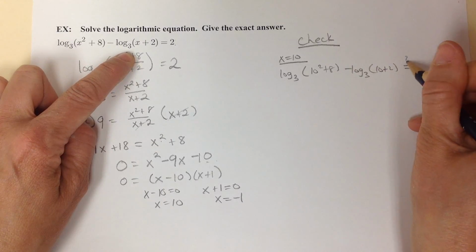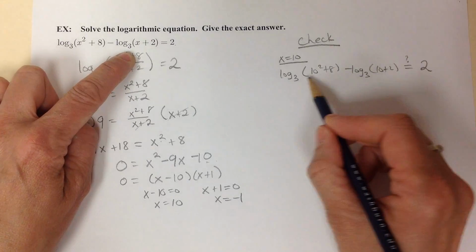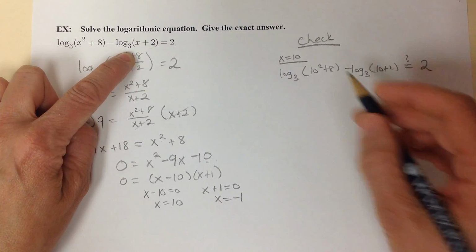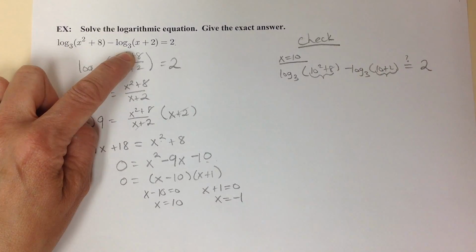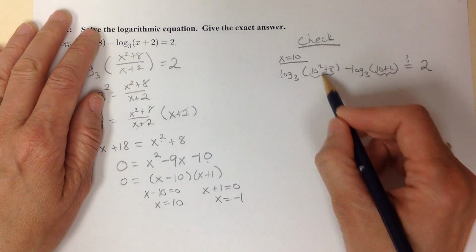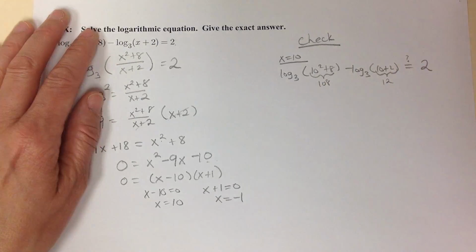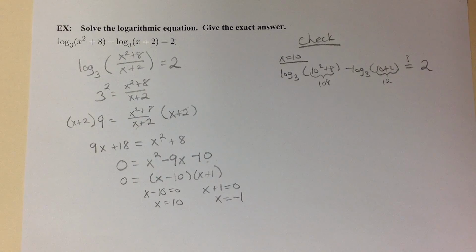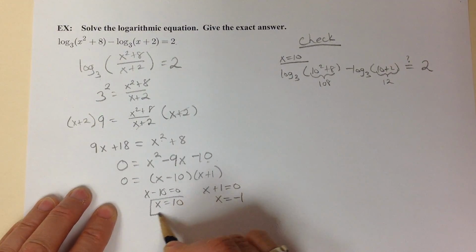We want to know, does that equal 2? Well, you can go through and do a full check if you want, but what's important is that what's inside of your logarithms simplifies to be a positive number. 10 squared plus 8 would be 108, which is definitely positive, and 10 plus 2 is 12, which is also positive. So yes, this answer will check.